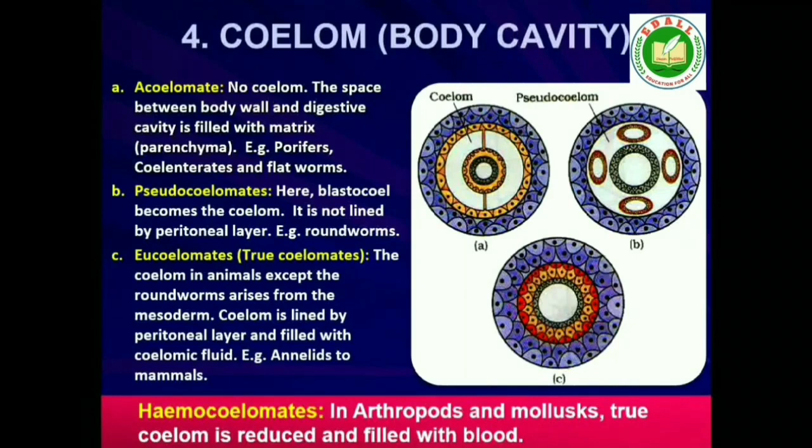In some animals, the body cavity is not lined by mesoderm; instead, the mesoderm is present as scattered pouches in between the ectoderm and endoderm. Such a body cavity is called pseudocoelom, and the animals possessing them are called pseudocoelomates, for example, aschelminths. The animals in which the body cavity is absent are called acoelomates, for example, platyhelminths.